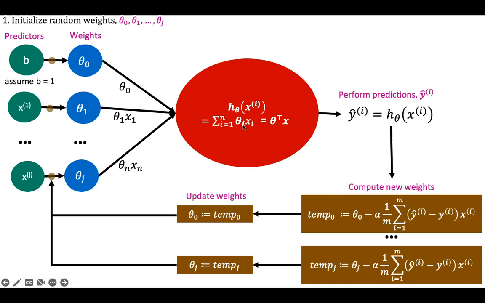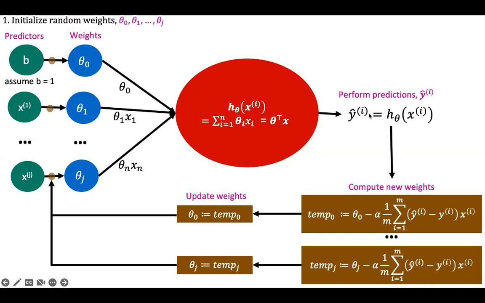So it is equivalent to simply taking the dot product of theta transpose and x. Okay. And using this weighted sum, we can estimate a certain value y. So we simply have to plug in the x values in the predictor, and then we can obtain a value for our response y.